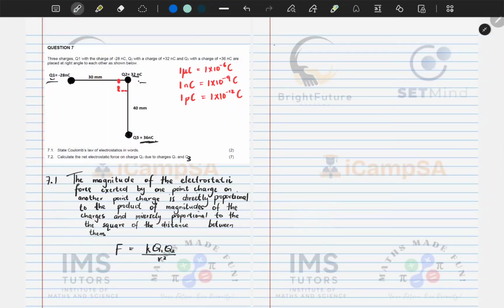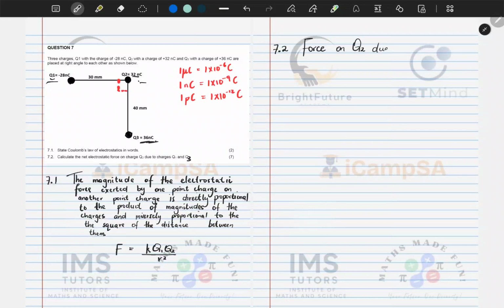Now we have 7.2. What I like to do is split these two things. First you have the force on Q2 due to Q1. That's scenario number one. Then you have the force on Q2 due to Q3. Let's start with the force on Q2 due to Q1.